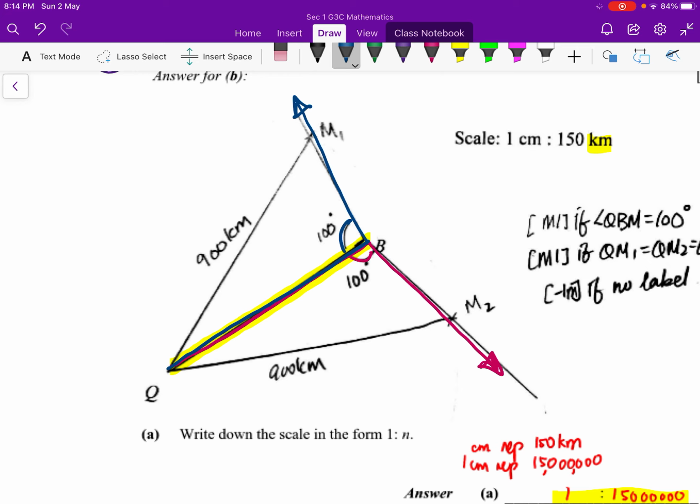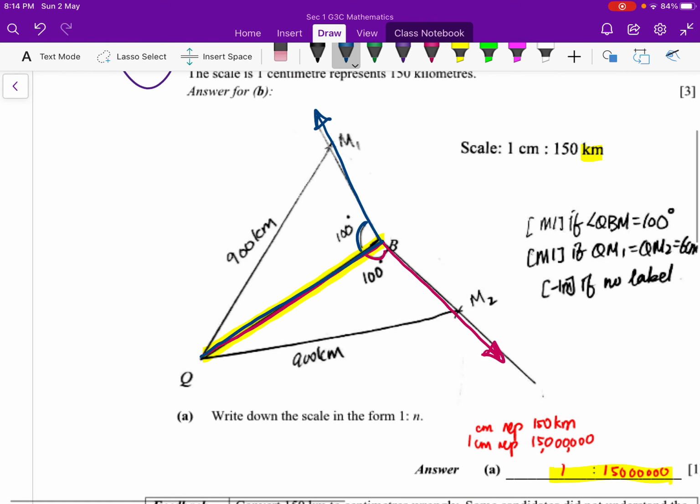Then they further tell us that the distance from point Q to point M is 900 kilometers. So what you need to do is to find the distance on the map that corresponds to 900 kilometers. So in this case, you need to multiply by 6, so 6 cm. So setting the pointer end of your compass here, measure out 6 cm on your ruler, draw an arc and another arc.